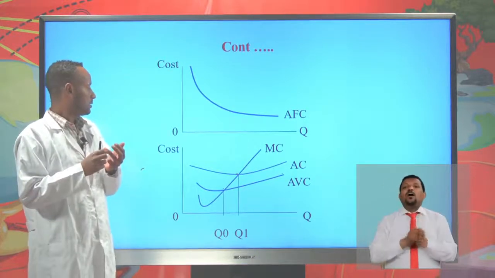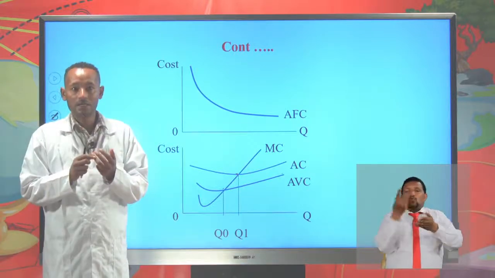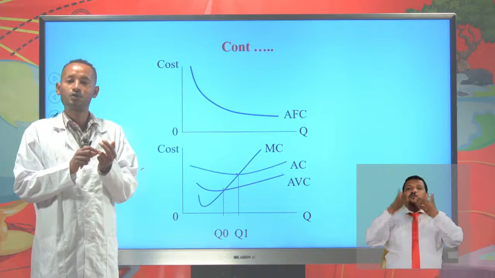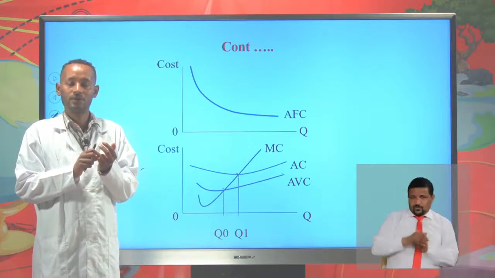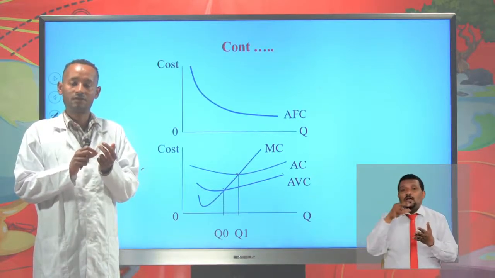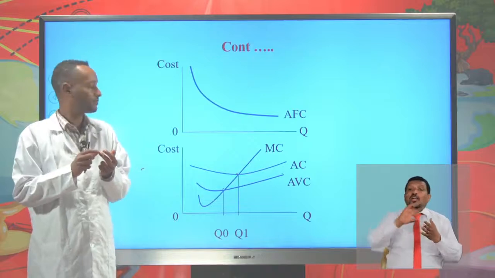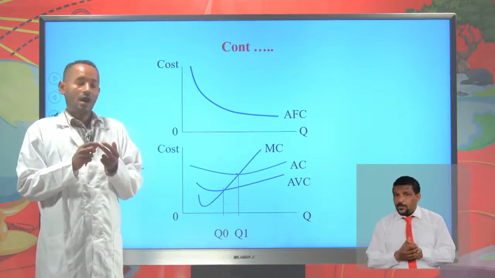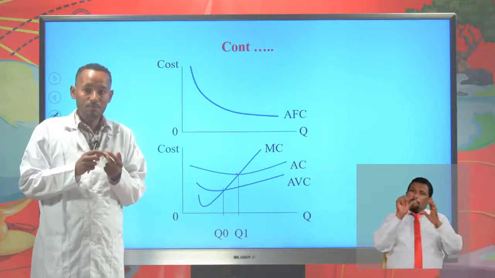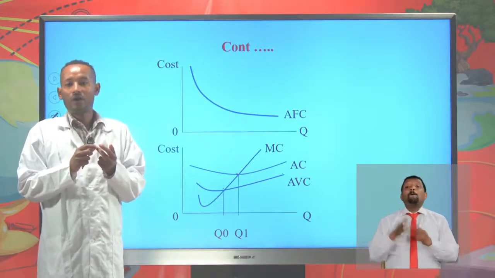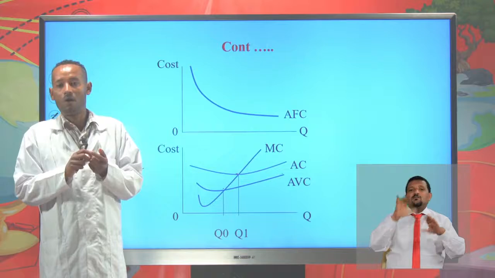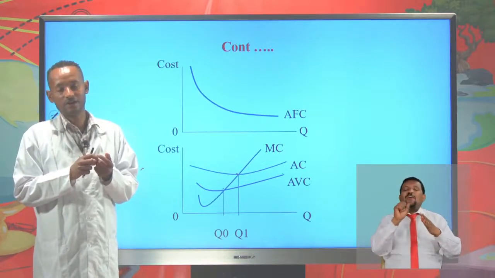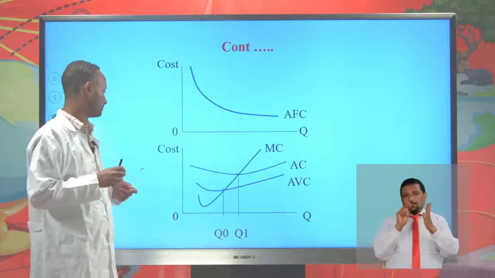Second, the gap between the AC and the AVC becomes smaller and smaller as the level of output increases. This is because the AFC curve continually declines. Third, AVC is at its minimum before AC is at its minimum, or AC is at its minimum after the AVC curve is at its minimum.